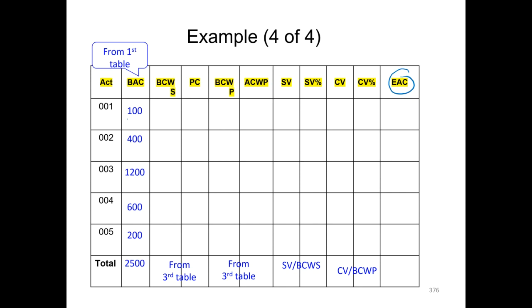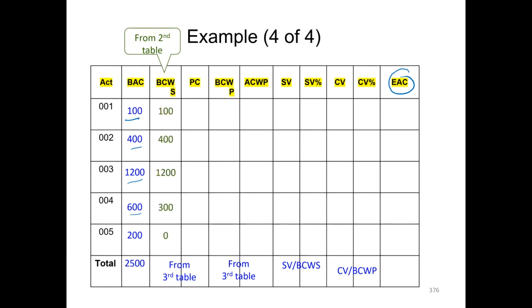So for the first activity, the total budget was 100. For the second activity, 400. For the third, it was 1200, and 600. So this has been given as part of the problem. So what is the amount of money we should have spent by end of month 4? And we have just calculated it in the previous step.